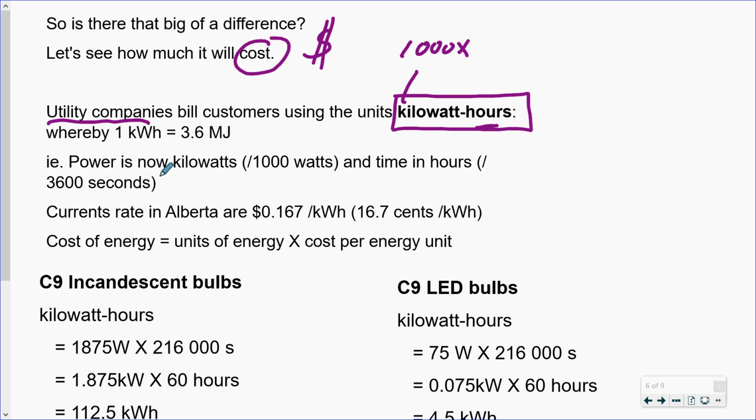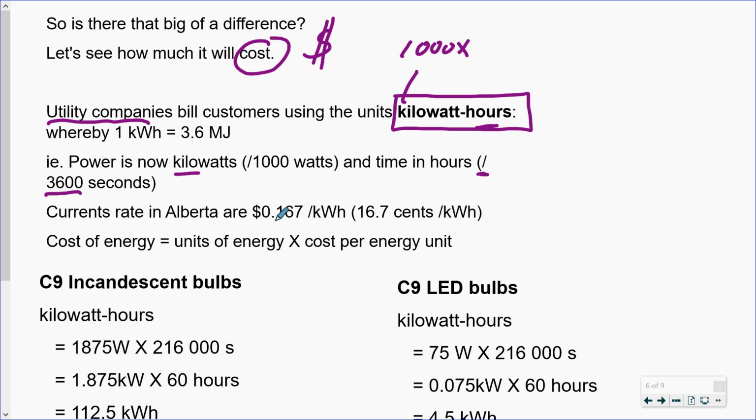So power is now in kilowatts. So you're going to take whatever number you have, and we need to divide it by 1,000 to turn it into kilowatts. The time, we're going to go back from seconds, so we're going to divide that by the 3,600 seconds as well.